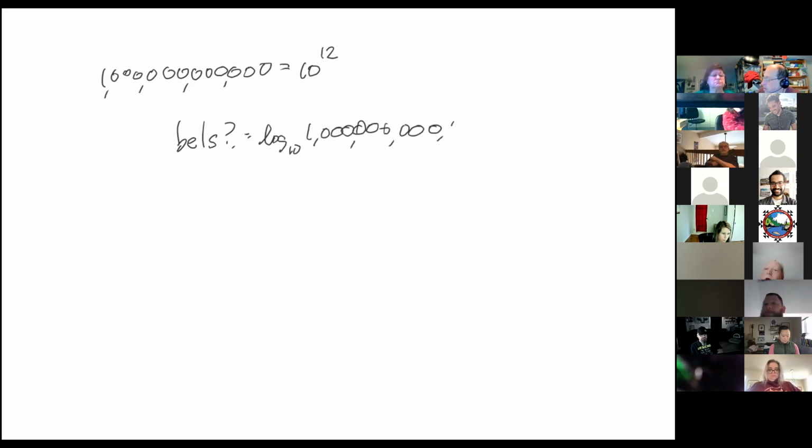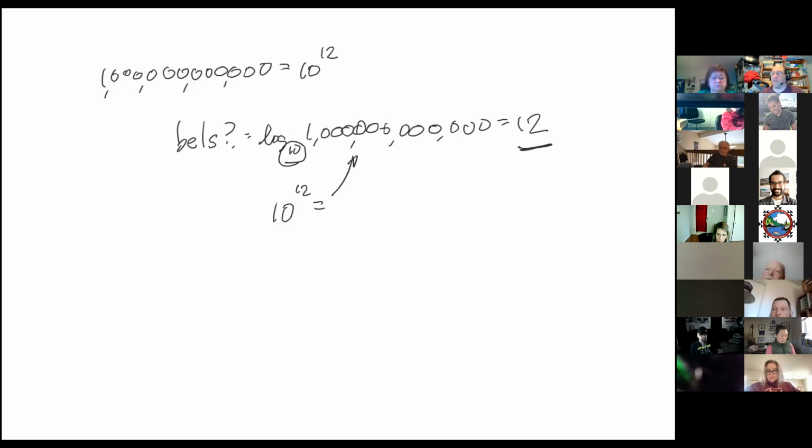Correct. We would have to raise 10 to the 12th power to get a trillion. What's nice about this is that it has taken up all of those zeros, and we don't need to carry all those zeros around.